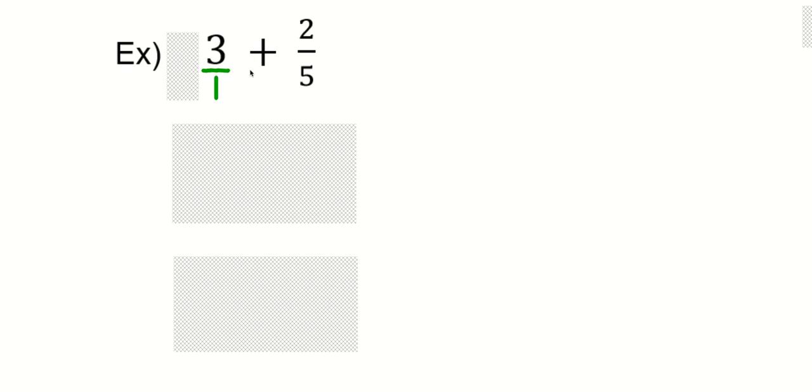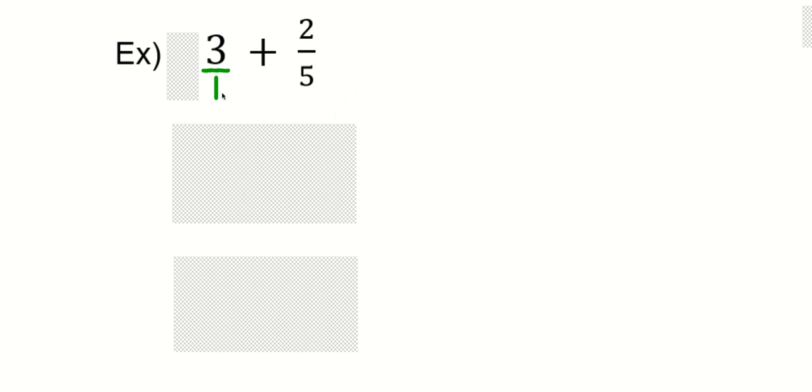Any integer can become a fraction just by putting it over 1. It's a big time weapon that you need to have real handy. And now that it looks like a fraction, we have denominators of 1 and 5, and they don't match, but we can make them match.